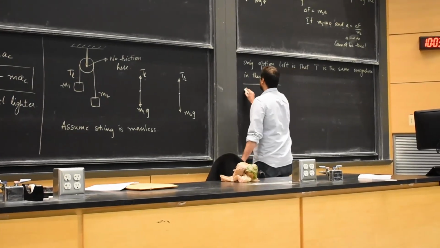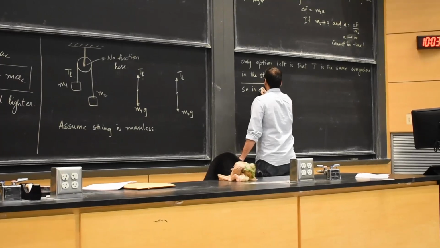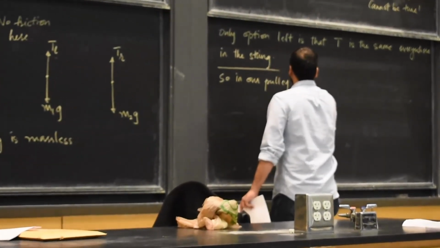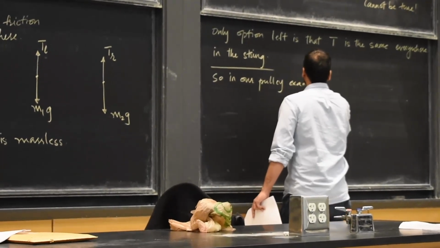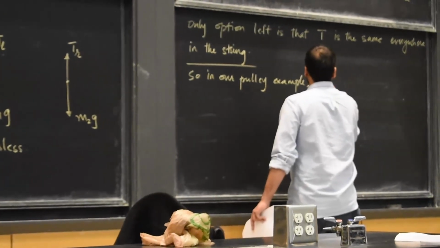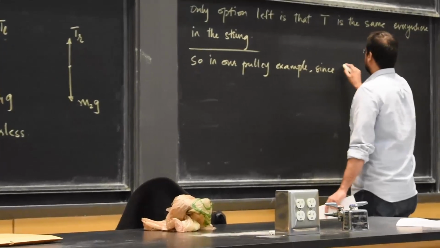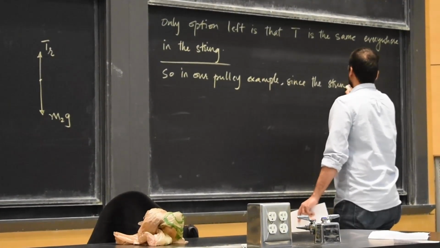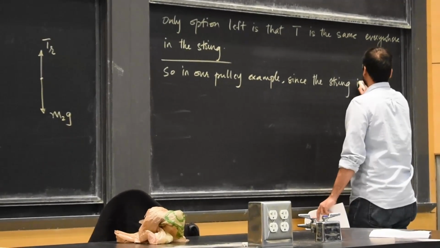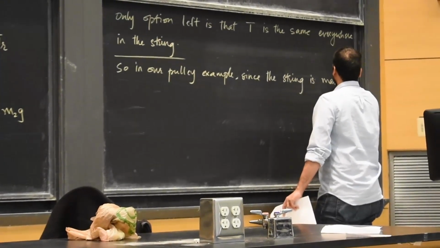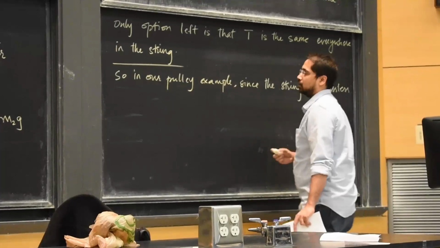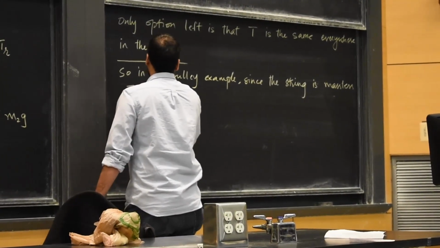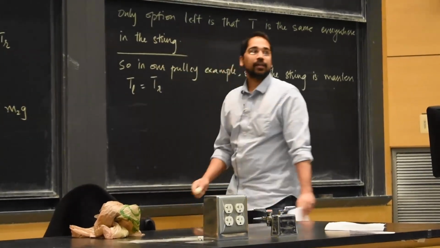So in our example, since the string is massless, TL must be the same as TR.